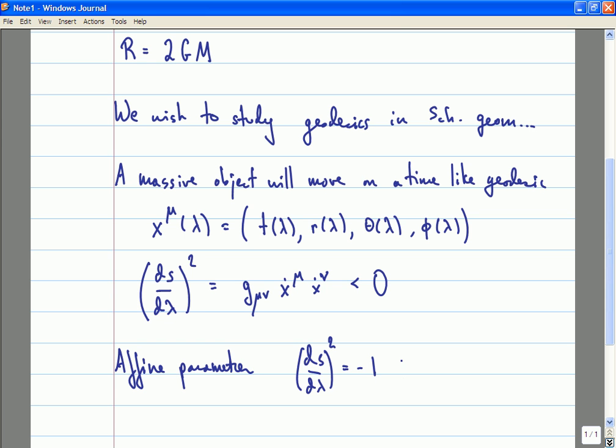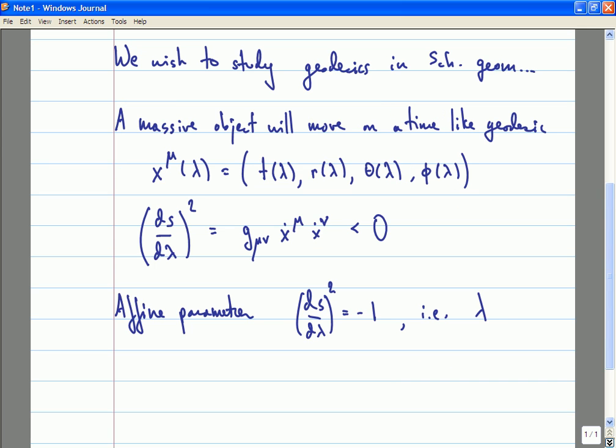Or, in other words, I am taking lambda to be the proper time as measured by an observer who is sitting on this geodesic.